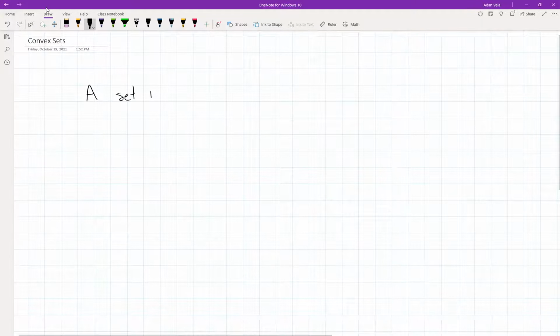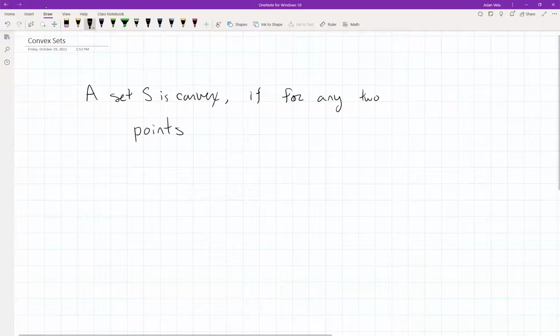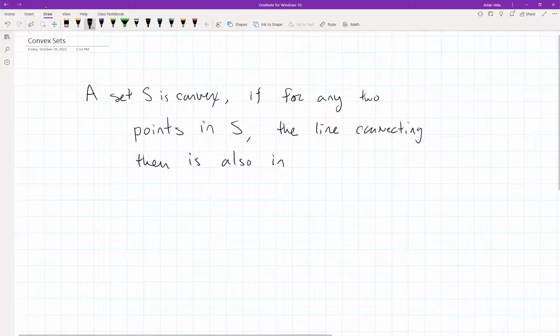A set S is convex if for any 2 points in S, the line connecting them is also in S. I should say fully contained in S.